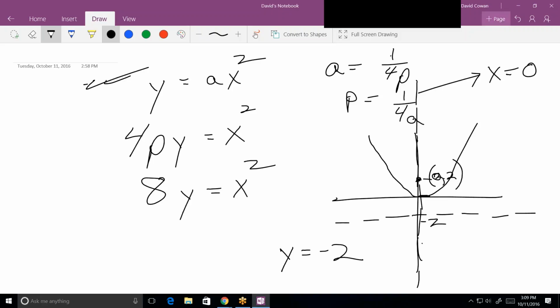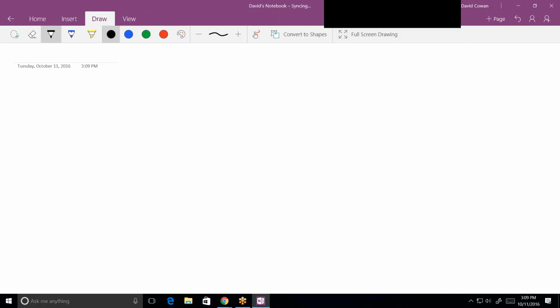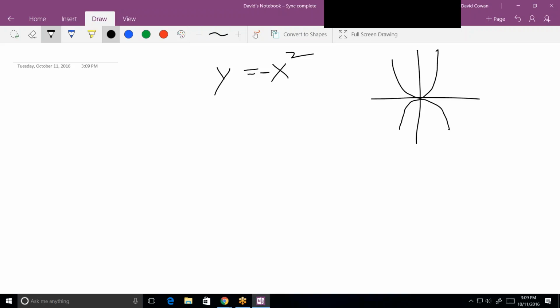Now, there's one additional twist. Here are the parabolas you've been dealing with for 3 years, right? Those are either vertical like that, or if there's a negative sign in front of the x squared term, then they open down like that, right?